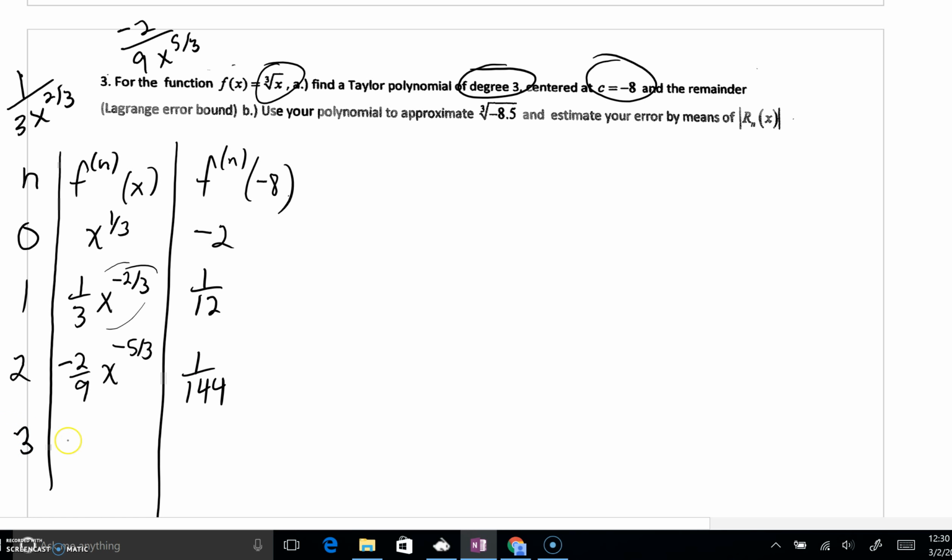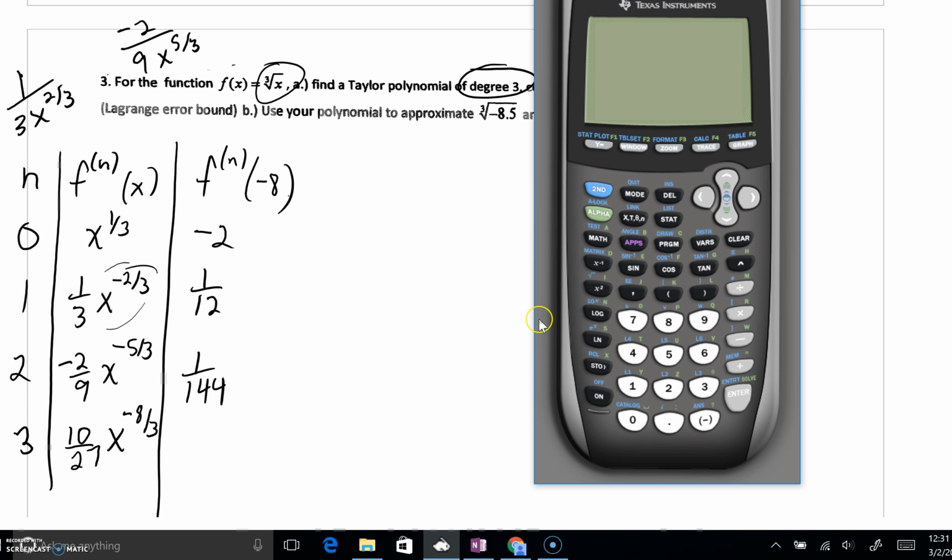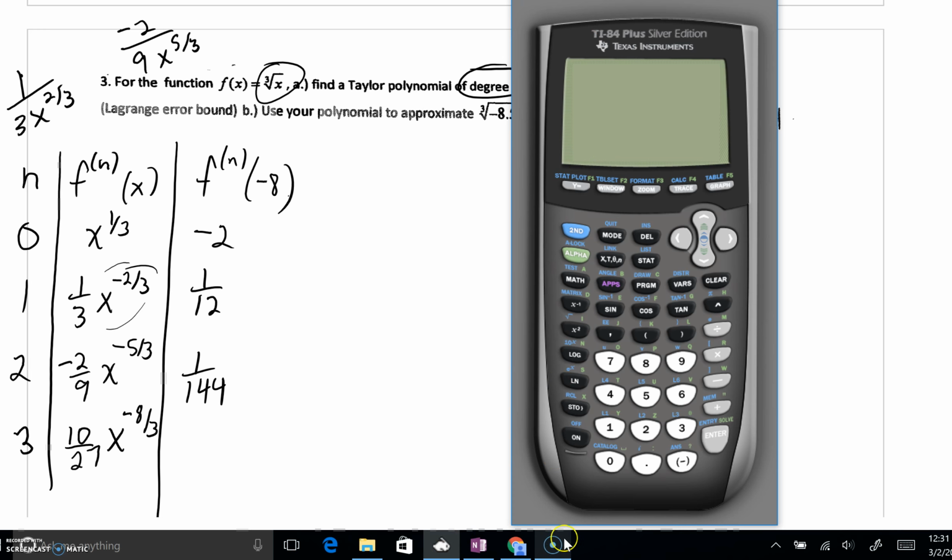Taking your next derivative, you could get 10/27. You bring down that -5/3 and multiply that out, and you'd get x to the -8/3. Of course, right now things are getting quite a bit more complicated. Don't get me wrong, you could have been doing this all along. You could have said 10/27, and then you'd multiply where we have -8.